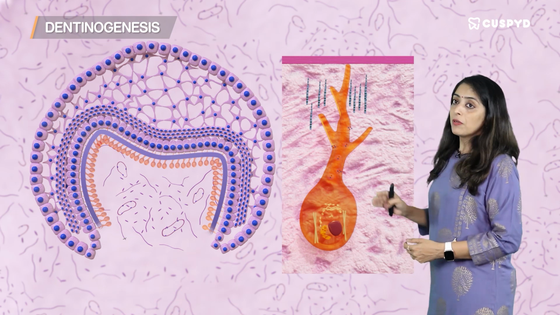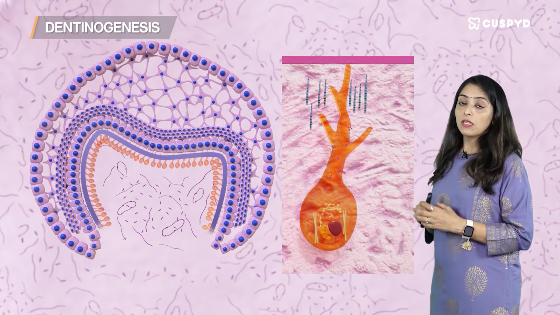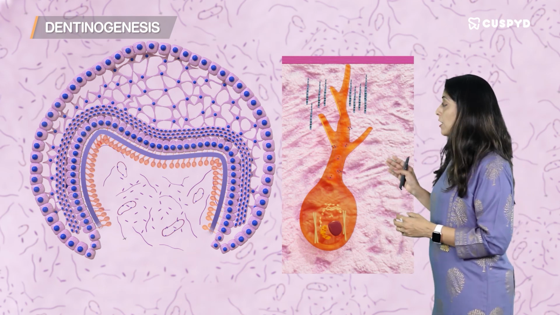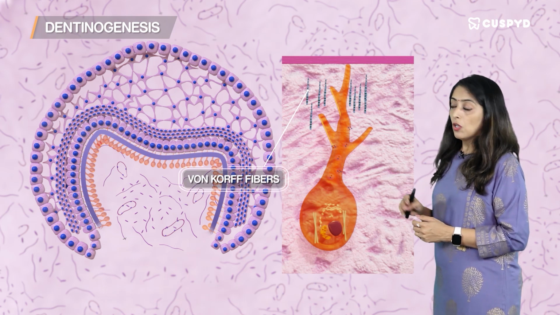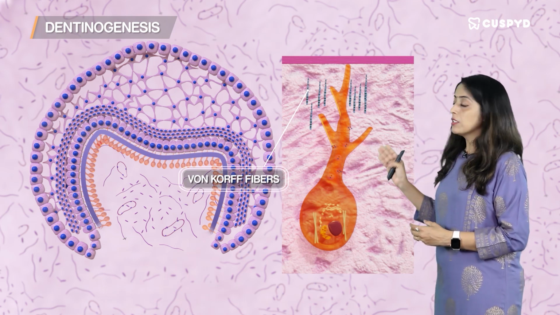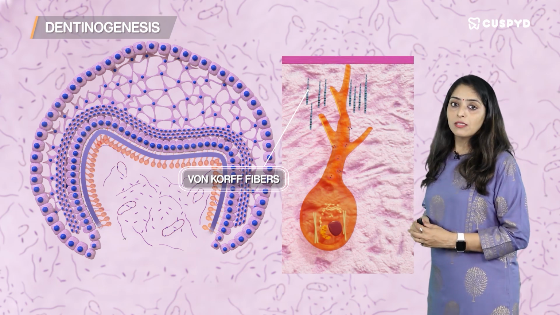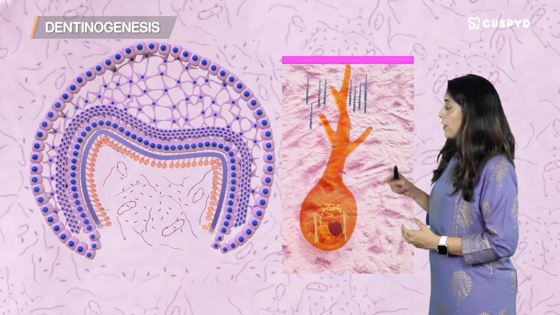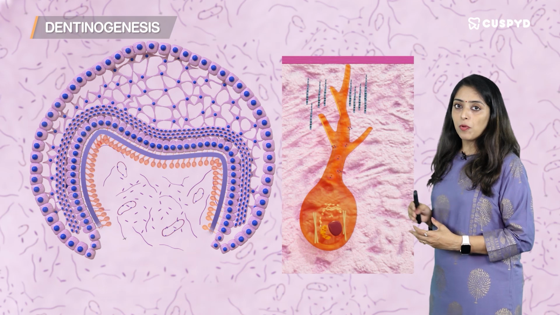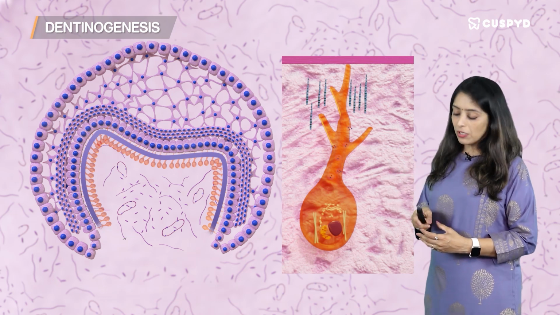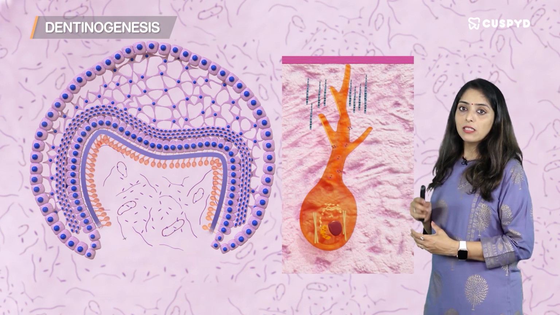The first fibers that these odontoblasts deposit are large diameter fibers, and they are called Von Korff fibers. These fibers originate from the odontoblast and are almost perpendicular to the dentino-enamel junction. Once these fibers are deposited, then the actual mineralization of the mantle dentin occurs.